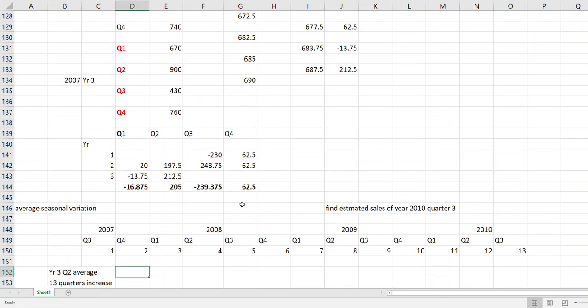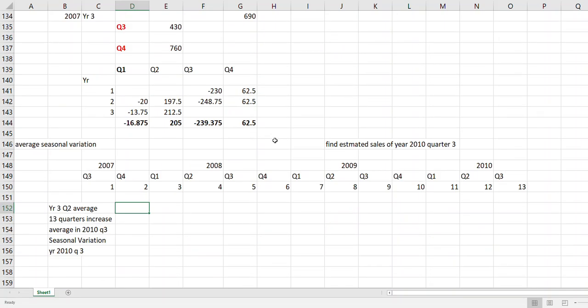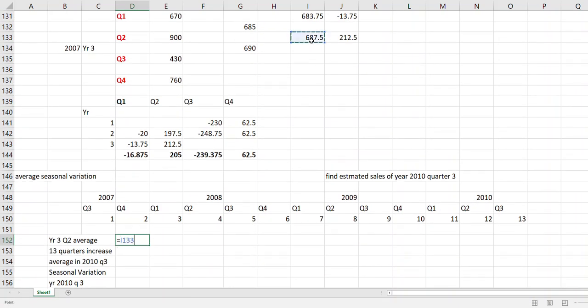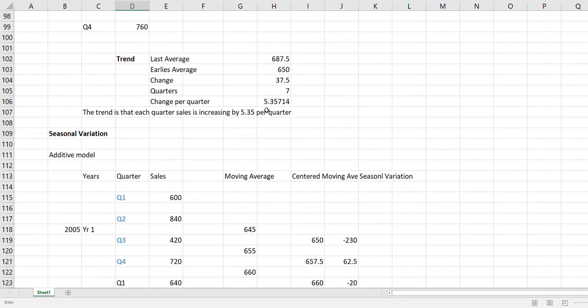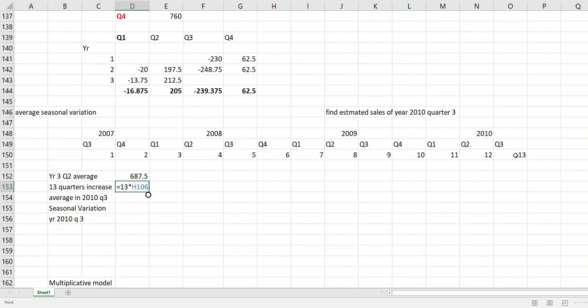So the average that we have in quarter 3 from the data is 687.5, and every quarter data increases by 5.35, and we have 13 quarters of increase. So this will be that increase, and this would be where the line is going to be, that average line.